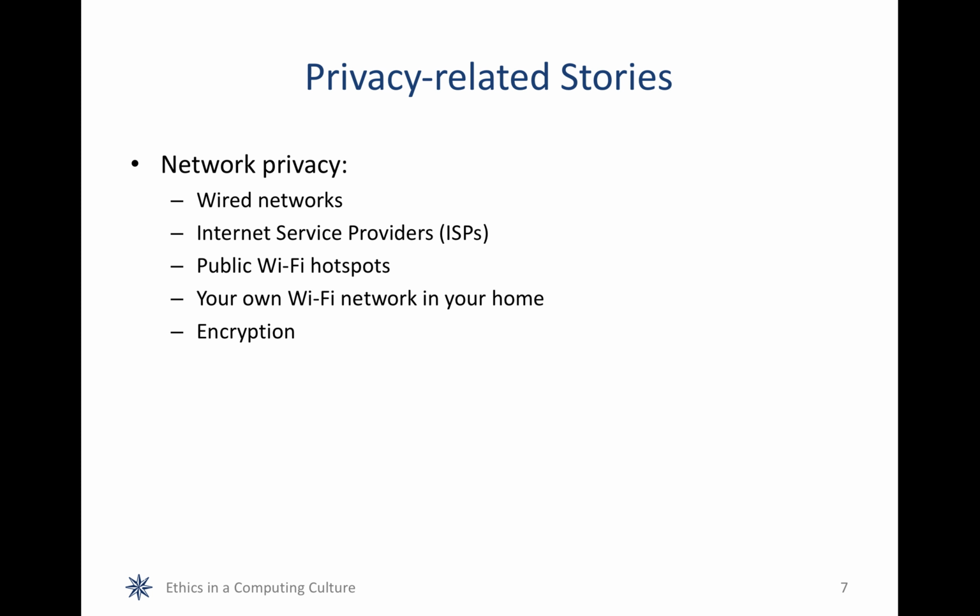So first, just to give you an understanding, regardless of whether we use a wired network or a wireless network, when we send information from our computer to a computer anywhere else, the information has to hop from computer to routers, to switches, to other switches and routers, until it eventually makes its way from point A to point B. And if you're interested, you can see this for yourself.